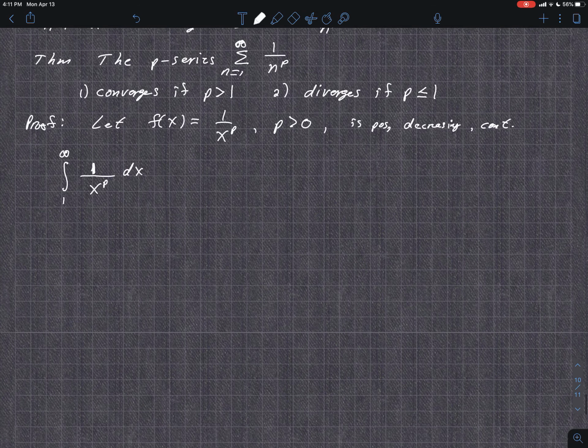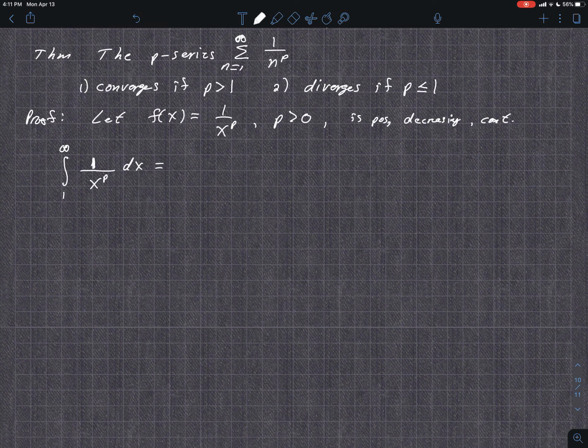So if you look at that integral, you get the limit as t approaches infinity of the integral from 1 to t of x to the negative p dx. So that's the limit as t approaches infinity, and then it's x to the 1 minus p, right?